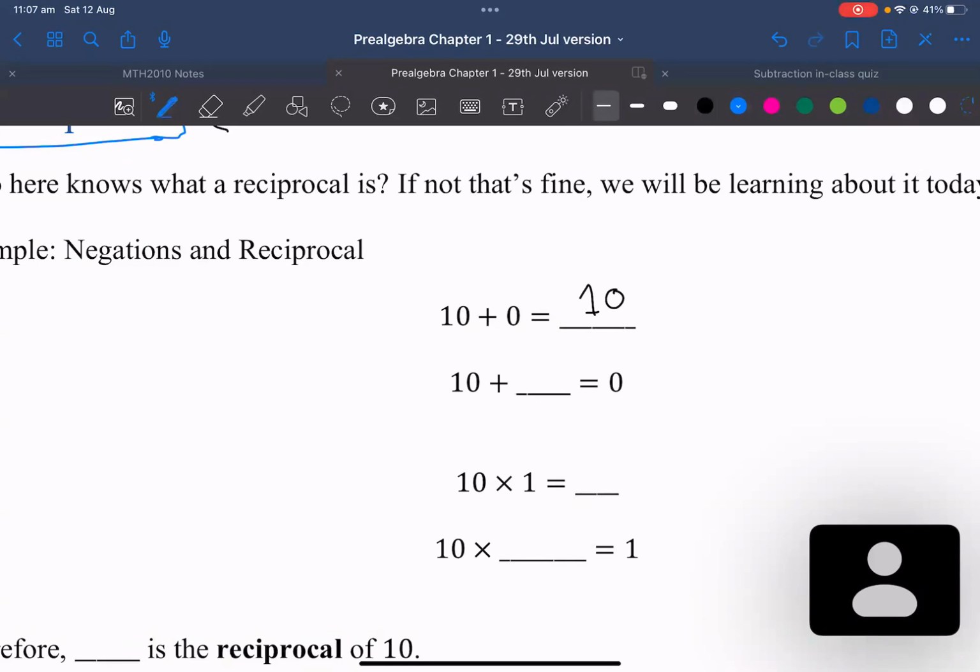Yeah, minus 10. That's negation: you find the number you add to get to 0. Because 0 is a special number for addition. When you add 0 to anything, it doesn't change anything. It's called the additive identity. Big word, you don't need to know this. What it's basically saying is, when you have addition, 0 doesn't change anything.